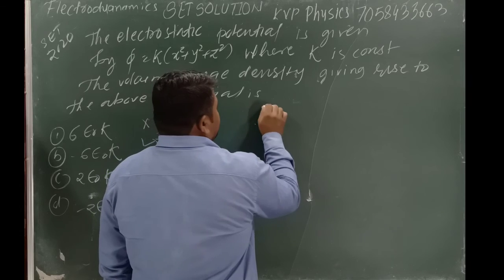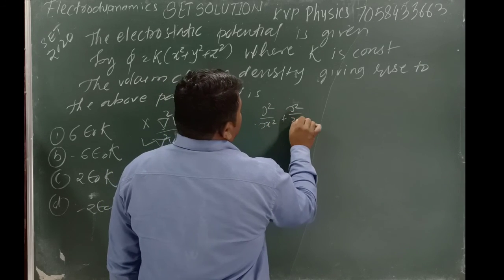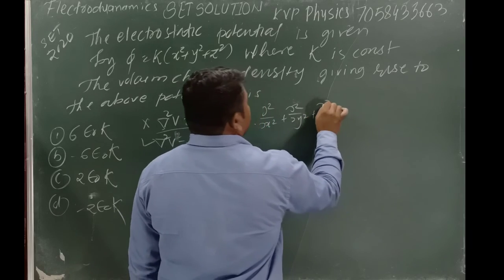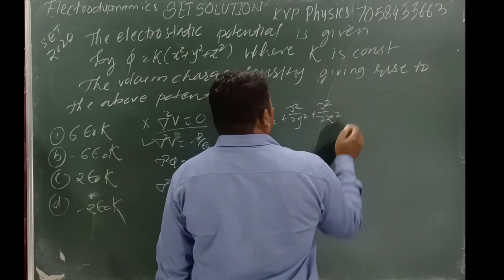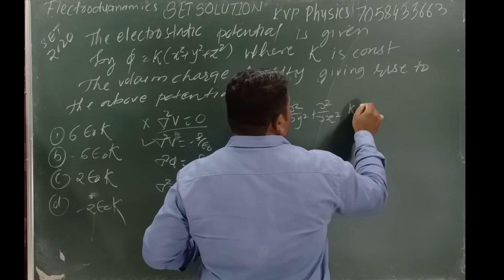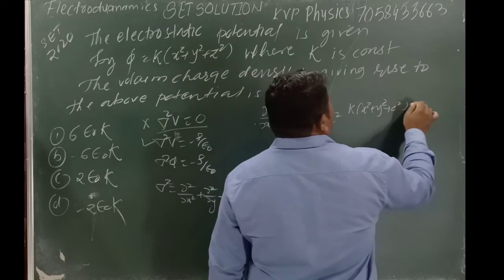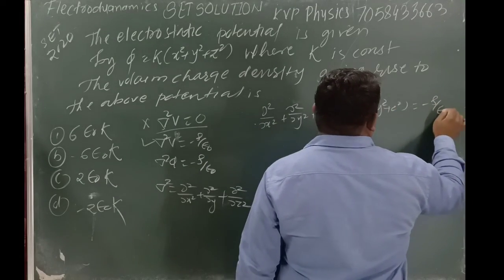Now we can substitute this one: del square upon del x square plus del square upon del y square plus del square upon del z square, into phi. Phi is equal to k times x square plus y square plus z square, equal to minus rho by epsilon naught.